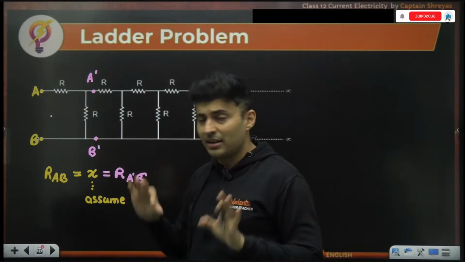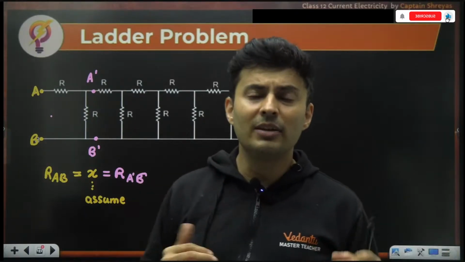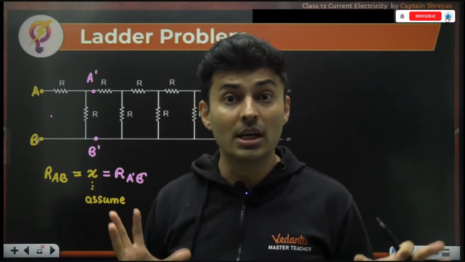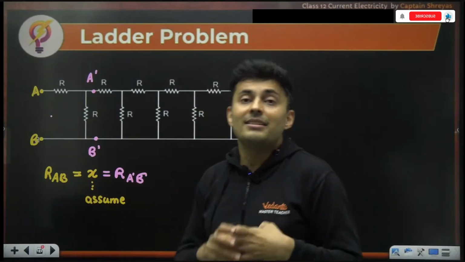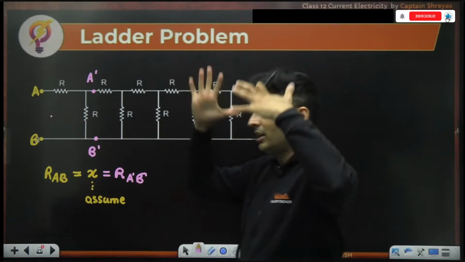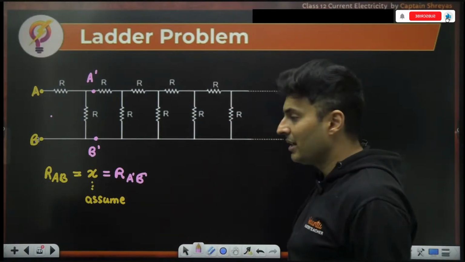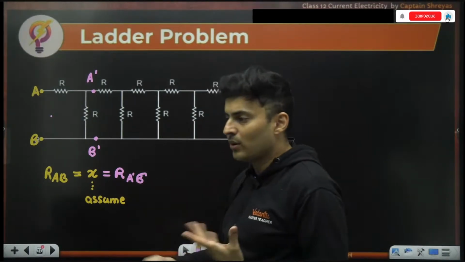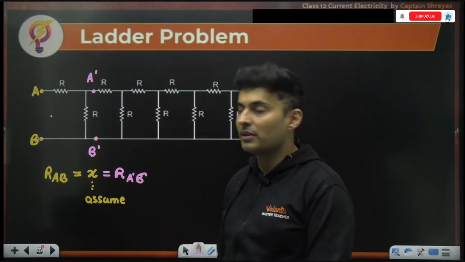Because infinity minus 1 is also infinity. Infinity plus 10 is also infinity. Infinity minus 100 is also infinity. Infinity minus 1 crore is also infinity, because infinity is a very, very large, unthinkable, limitless number. So when you add or subtract from infinity, it does not make a difference to infinity.